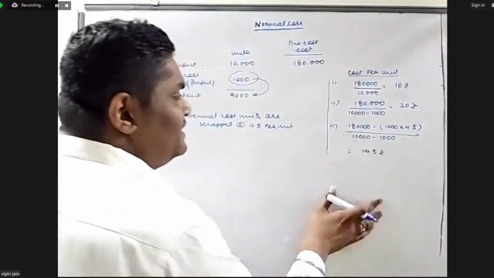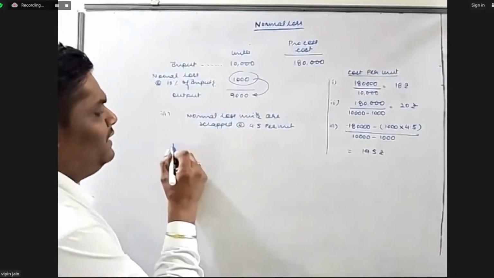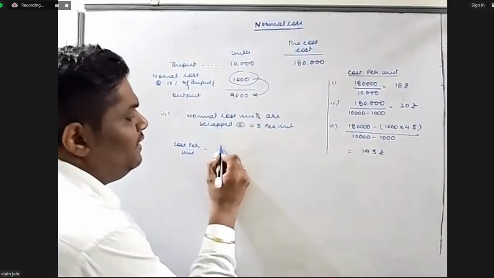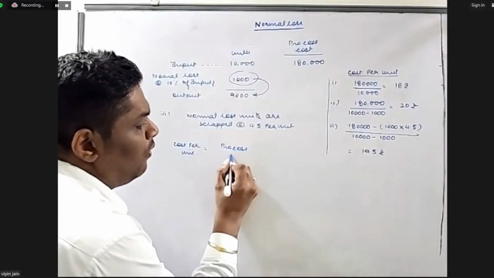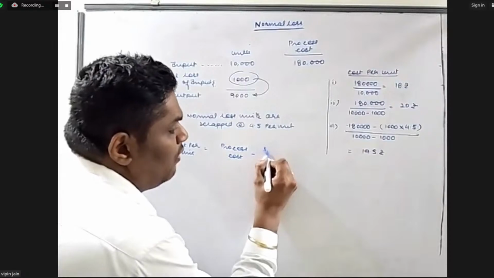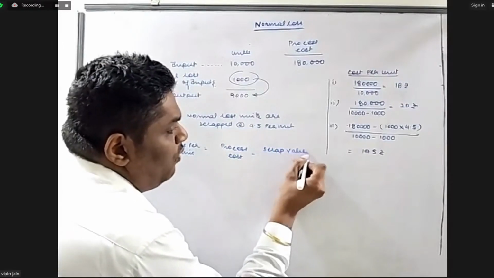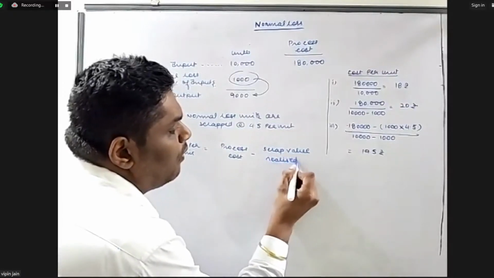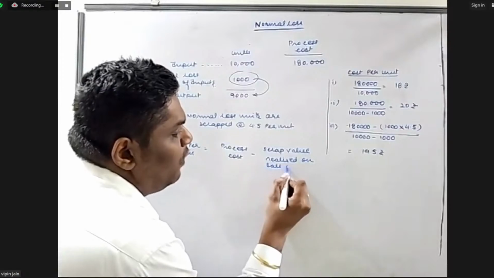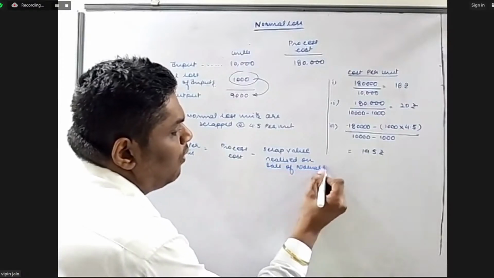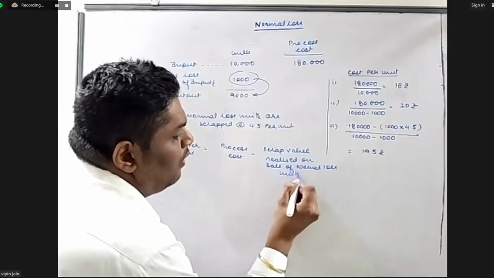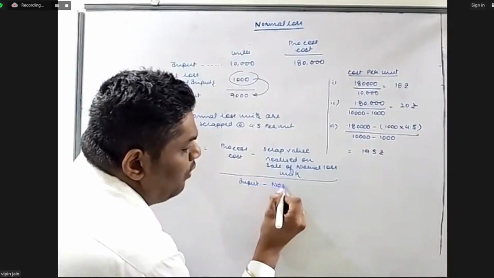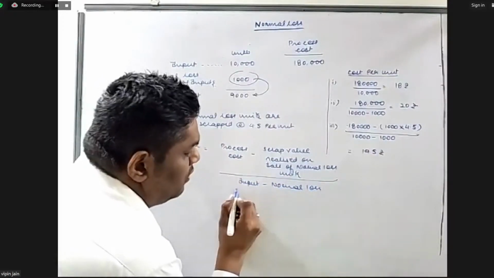So herein what we can see, there is a formula that is given in the study material to calculate the cost per unit, wherein the process cost minus scrap value realized on sale of normal loss units divided by my input minus normal loss.